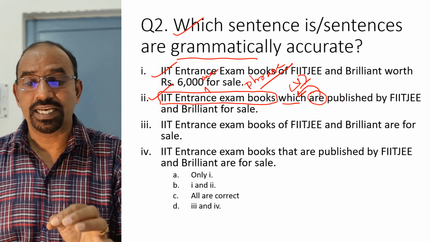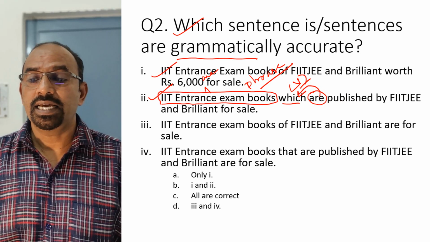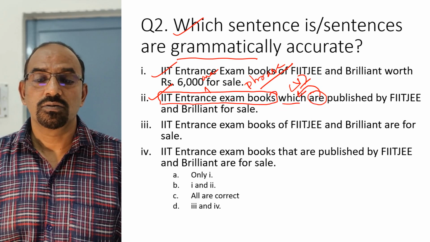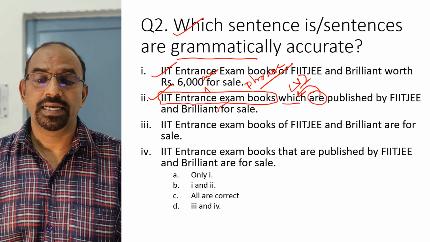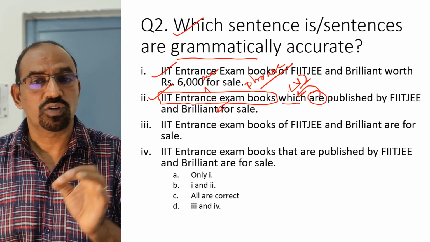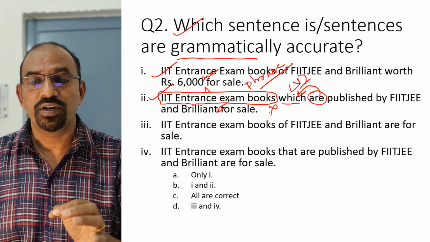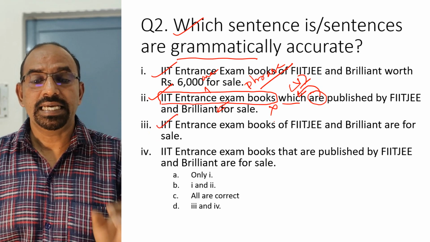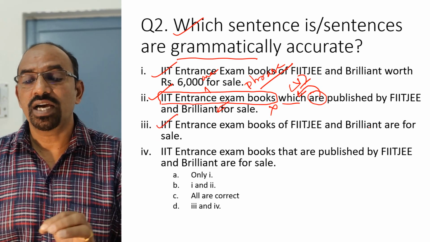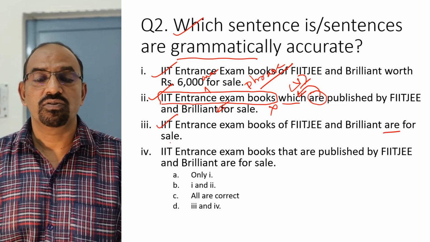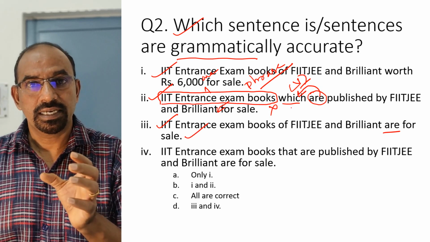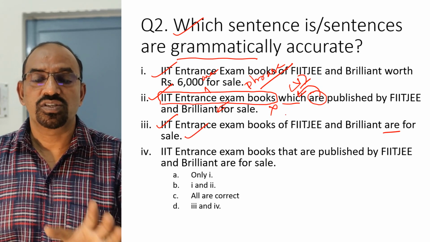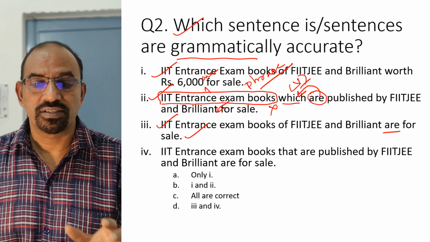IIT entrance exam books for sale, directly given as a phrase, not as a sentence. So we can avoid this also. Let us check the other sentences. IIT entrance exam books of Fiji and Brilliant are for sale. Yes, this is a grammatically correct sentence. It is not a phrase.